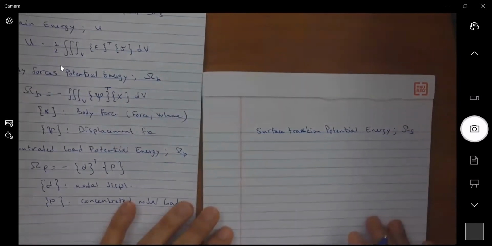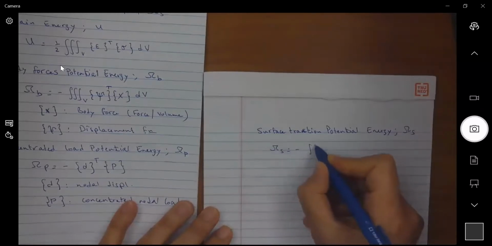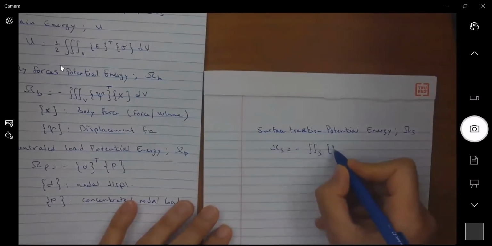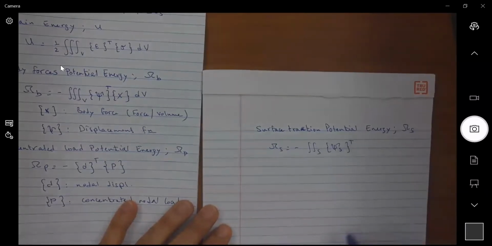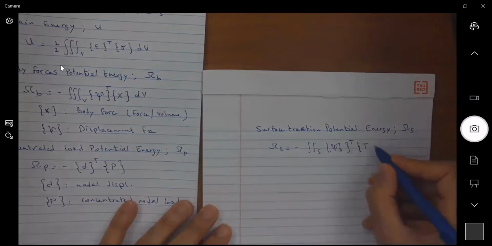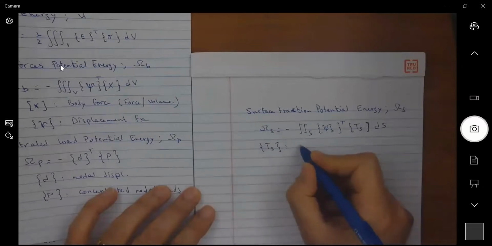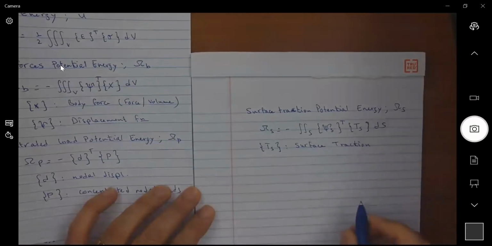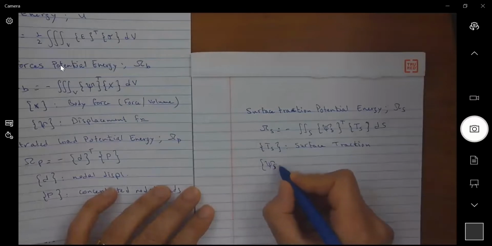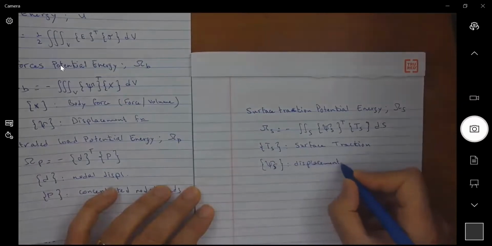Gamma sub S, where this gamma sub S is equal to minus the double integral over the surface of the displacement function psi evaluated on that surface, and I take the transpose, multiplied by the traction applied on that surface, dS, where this TS is surface traction, and psi S is the displacements on the surface.